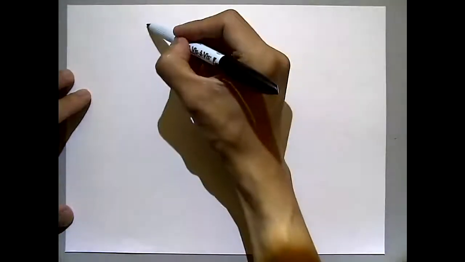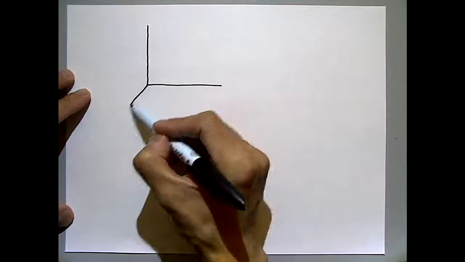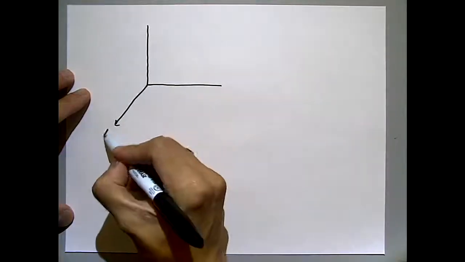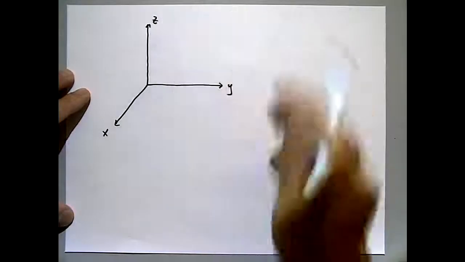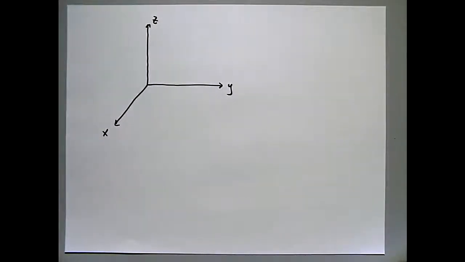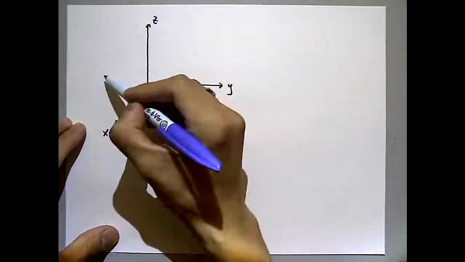All right, so how do we do this? Let's sketch a line out here. Here's my three-dimensional coordinate system, x, y, and z. And here's my line somewhere in this space.